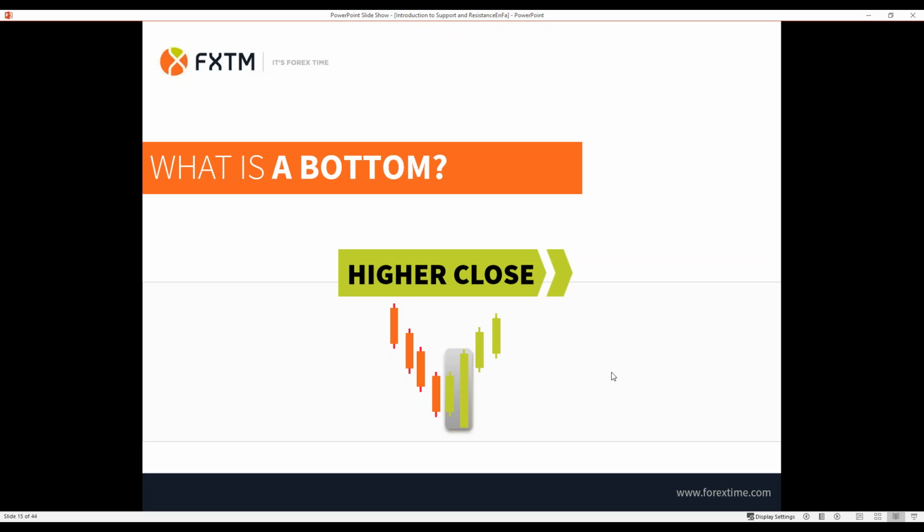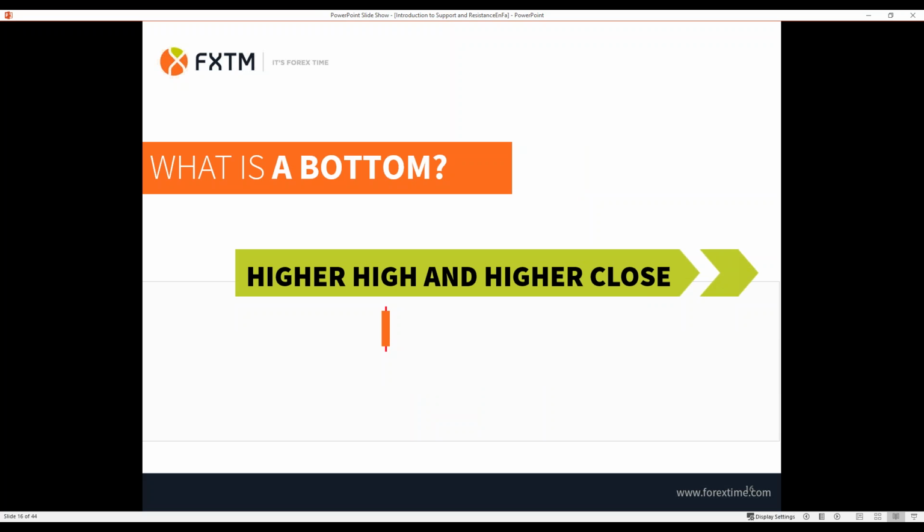Again, we concentrate on the closing price because a lot of traders believe that this is the most important price. Another definition is higher high and higher close. So it's not enough to have a higher close compared to the previous candlestick. You also need to have a higher high.